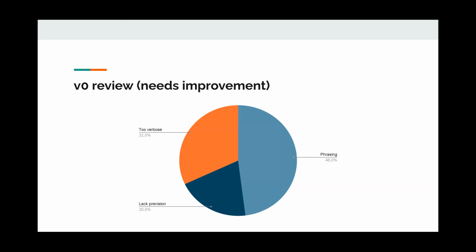The other case is when it's too verbose. Sometimes the LLM can write some unhelpful information, which is really not what we want. And sometimes it can lack precision. So, for example, in the previous example I gave you, if the LLM forgets to tell what the E and U variables are, then it lacks precision.